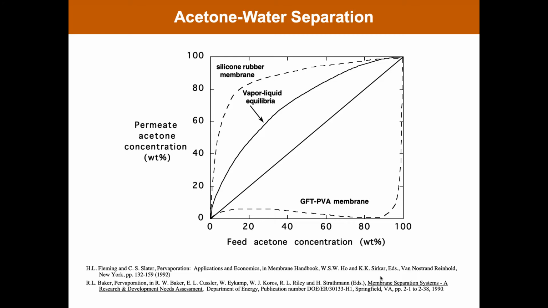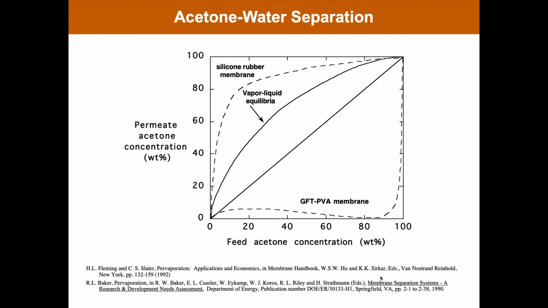In the case of the hydrophilic membrane, nothing has changed in the vapor-liquid equilibrium, so the evaporation part of this step would still look like this, but the membrane so much favors the transport of water that you overcome that and permeate mainly water.